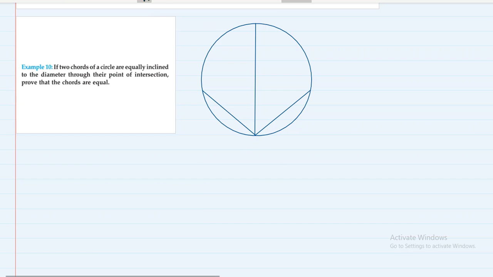So the figure can be a little bit different, but this is not wrong. Let's see. So we have two chords AB and BC, and the diameter is BD. They are saying that two chords are equally inclined to the diameter at the point of intersection. That means angle DBA is equal to angle DBC.